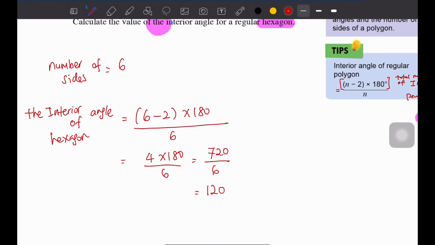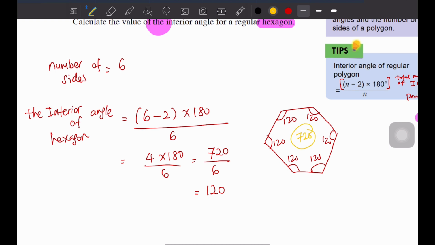Okay, maksud dia, for example, you have hexagon. So this one is 120, 120, 120, 120, 120, 120. So this one total up to 720.